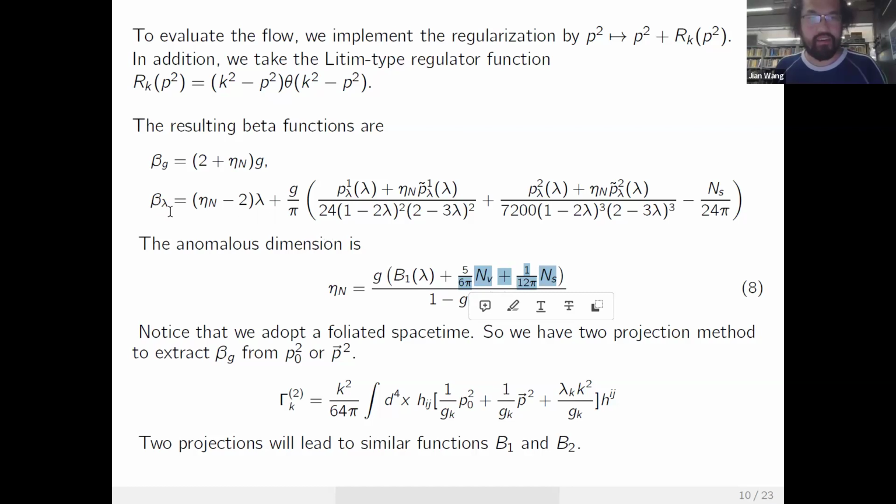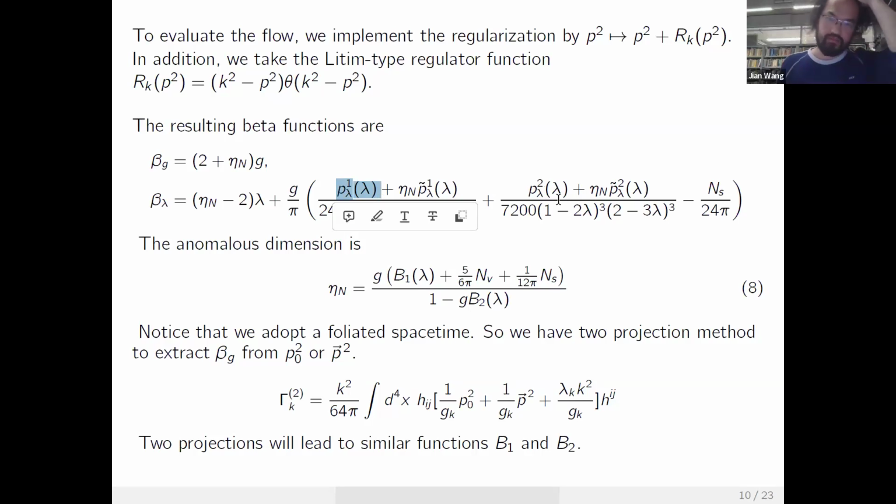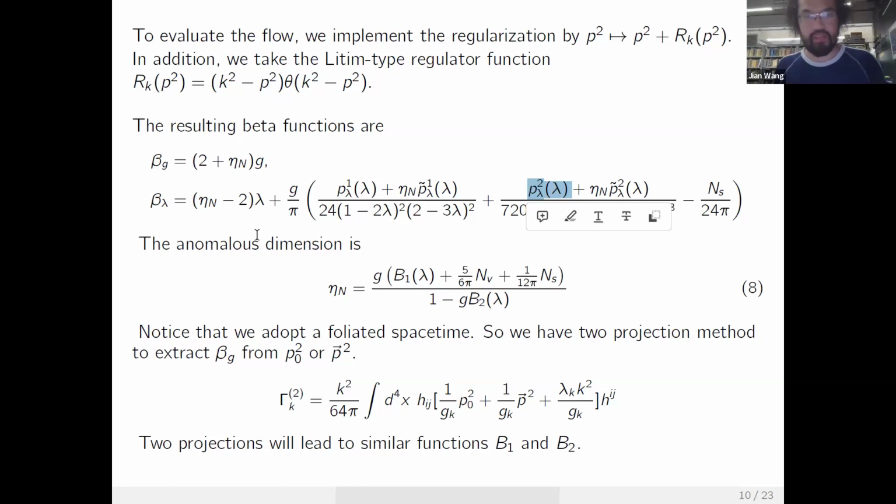For the beta function of the cosmological constant, the functions P1 and P2 here are also functions of the cosmological constant. For simplicity, we will not give the explicit form of them. I will just show the basic structure of those two beta functions.